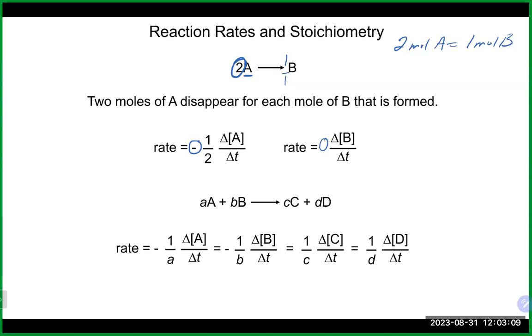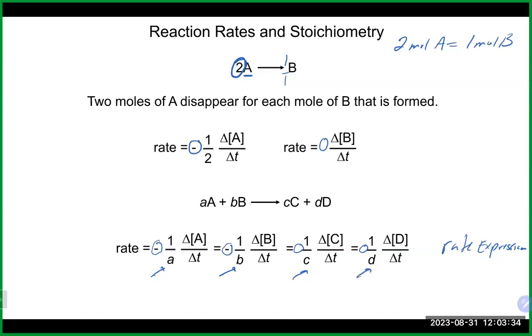Anything that is a product should be positive. You could set all of these things equal to each other using a rate expression like we see down here. And again, we can see for our reactants, we have our negatives, and for our products, we do not have our negatives. And we have our 1 over the coefficient in each of these.